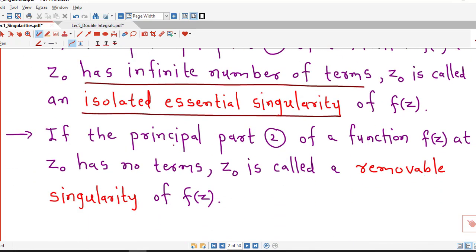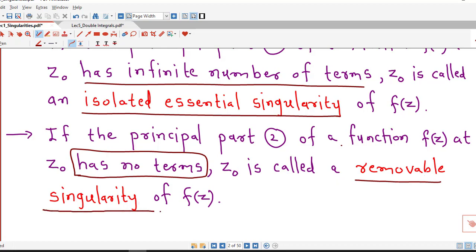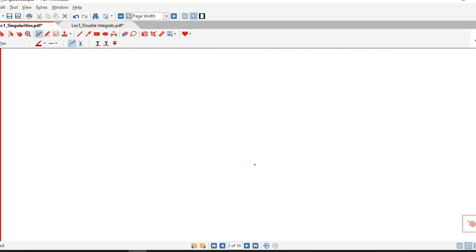And if the principal part of a function f of z at z0 has no terms, that means there is no negative power of z minus z0, then in that case z0 is called a removable singularity of f of z.